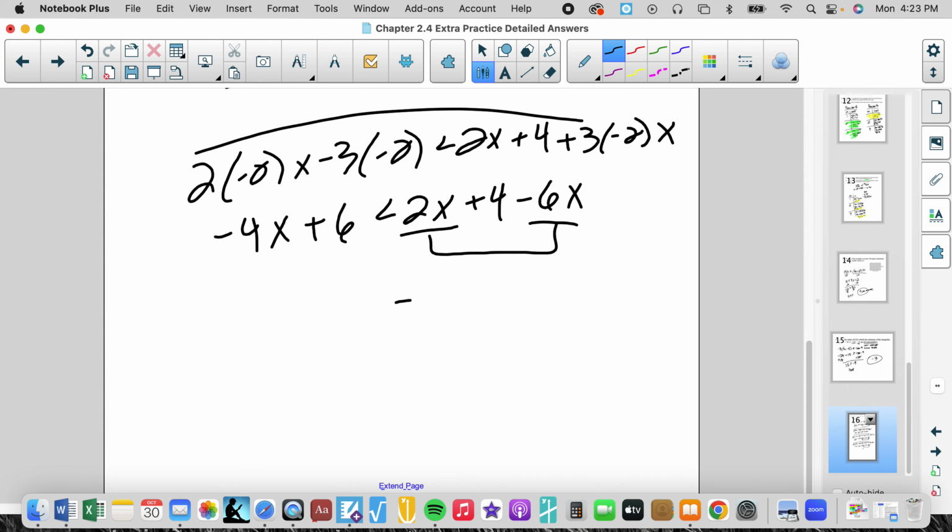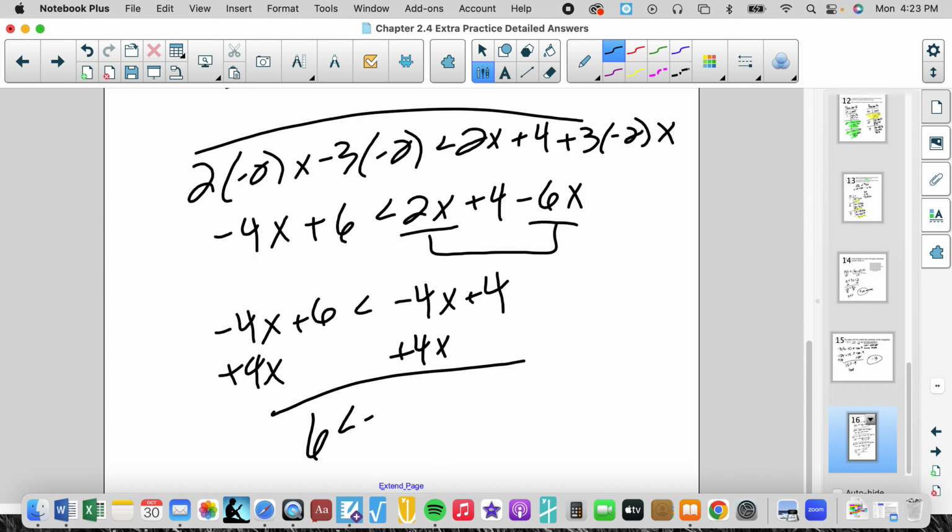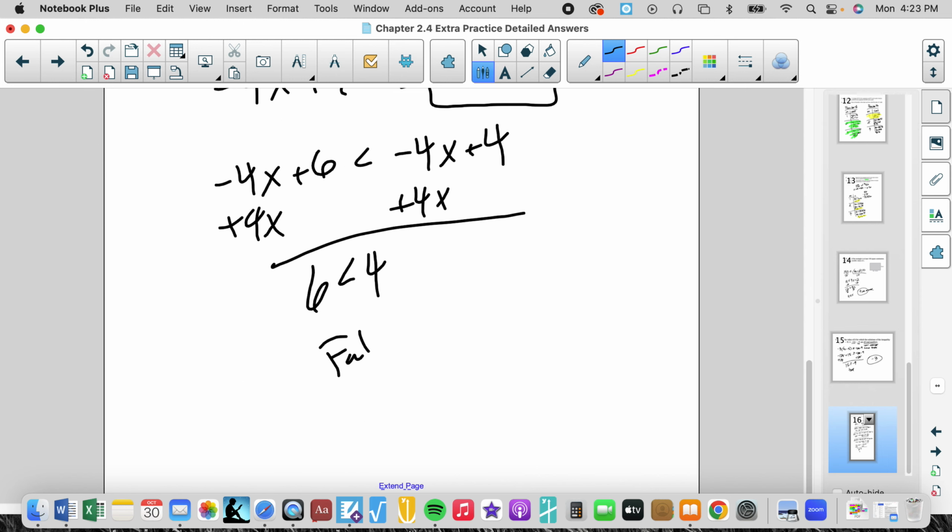That's negative 4x plus 4, and that's negative 4x plus 6. If we move the 4x's now, we get 6 is less than 4. That's false. And no solution, so k needs to equal negative 2.